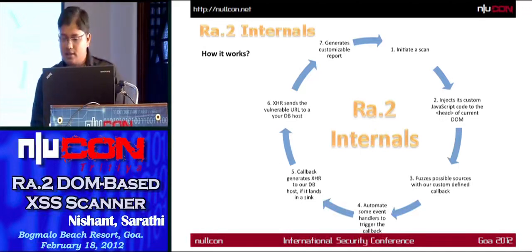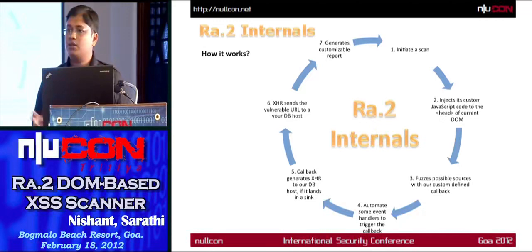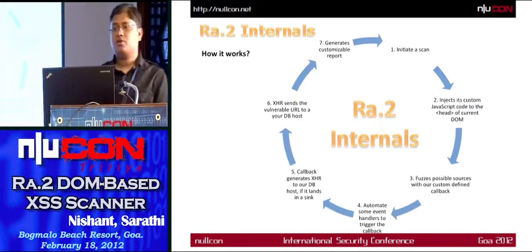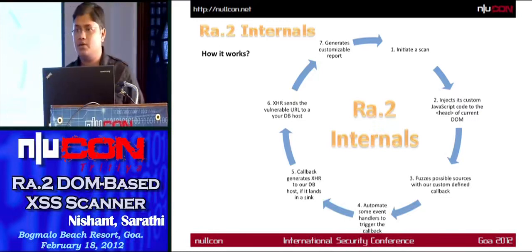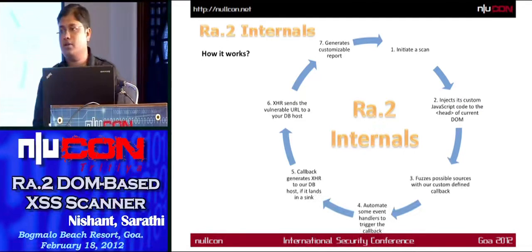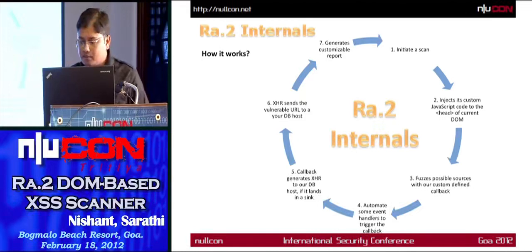In the third step, it fuzzes all possible sources. I think so far we have implemented only the URLs, because that is what people mostly use to exploit. We have not implemented exploitation through headers, referrers, or any cookie headers.